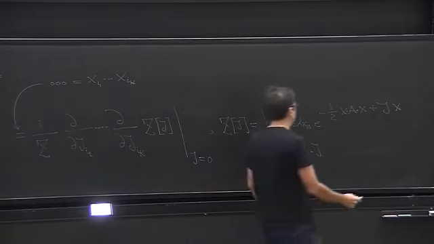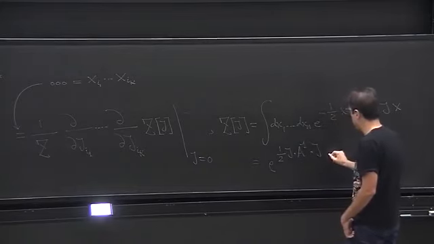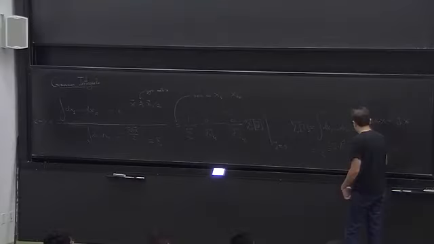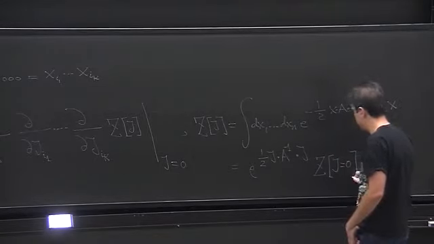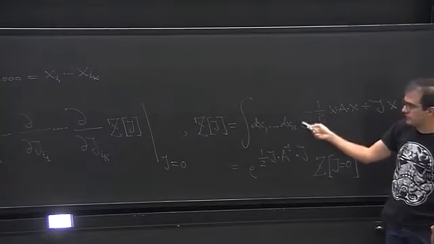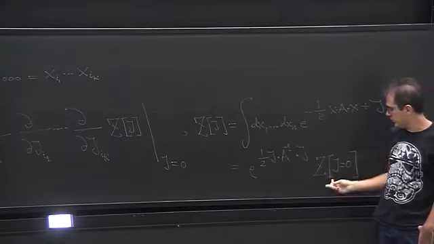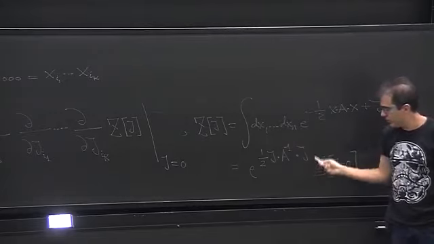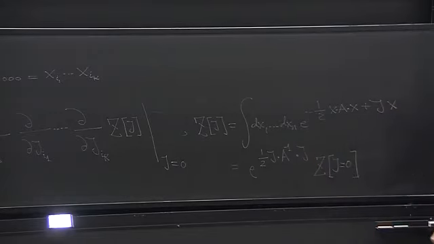It gives me this times, and then I complete the square. So what remains is Z with j equal to 0. Because you remember, I just completed the square. After I complete the square, I call the new variable x minus whatever, I call it y. So that integration over y is the same as the original partition function. And what remains when completing the square is this thing here.